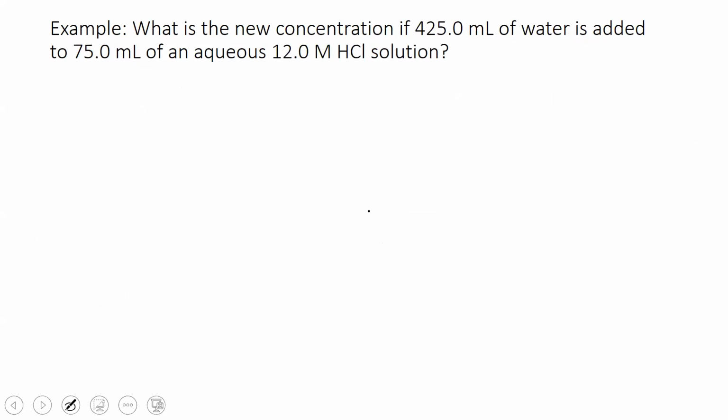Another way: what is the new concentration if 425 milliliters of water is added to the 75.0 mL of an aqueous 12 molar HCl solution? Again, we need to identify what type of question this is. Oh, it's a dilution. If it's a dilution, we write in M1V1 equals M2V2.